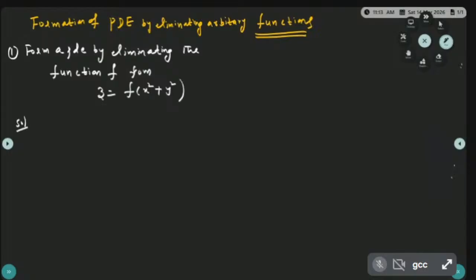Can you please read the question? Form a partial differential equation by eliminating the function f. Here what is the function? F. Children, z equal to what is given? F of x square plus y square. Please don't copy. Give the priority to understand. Girls, listen first.